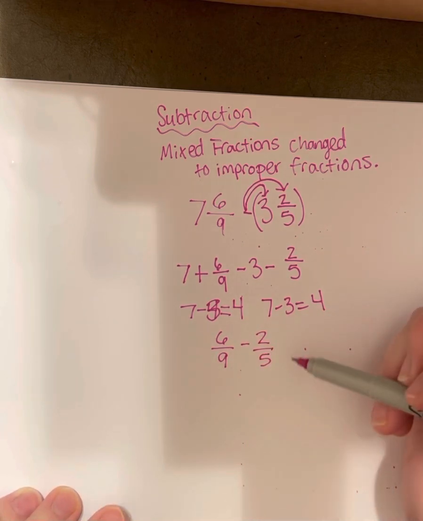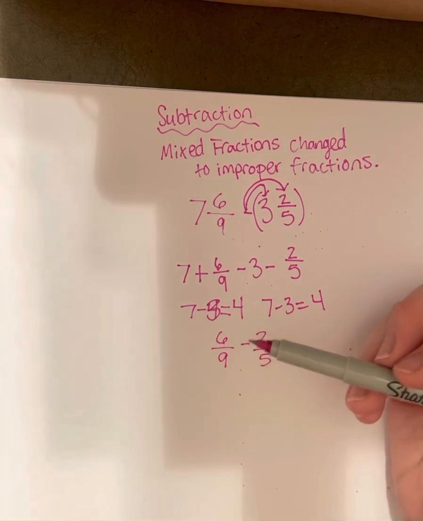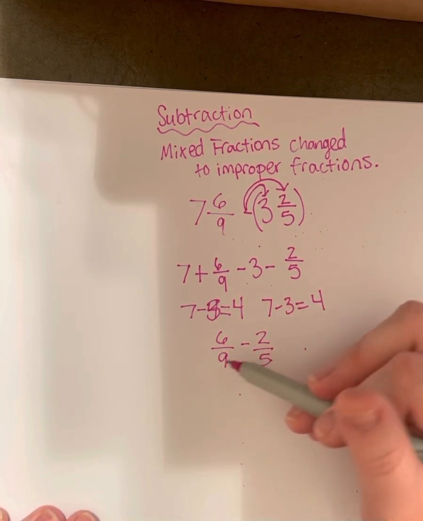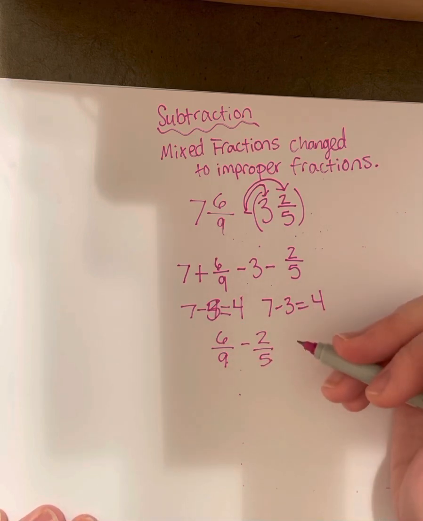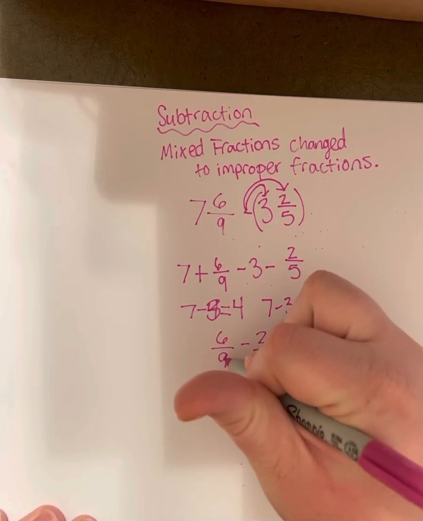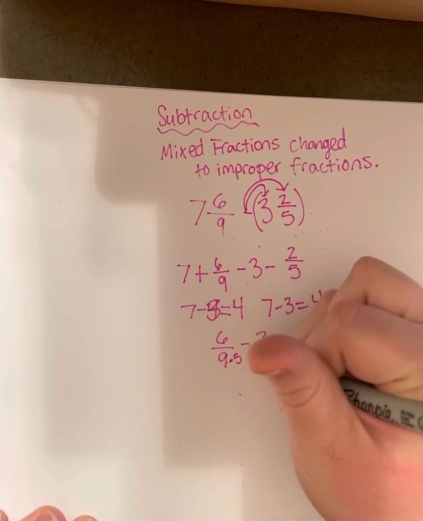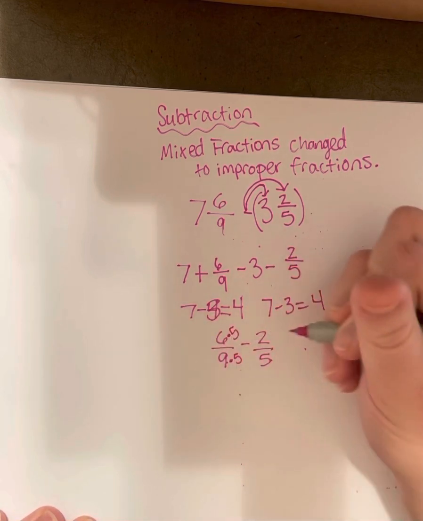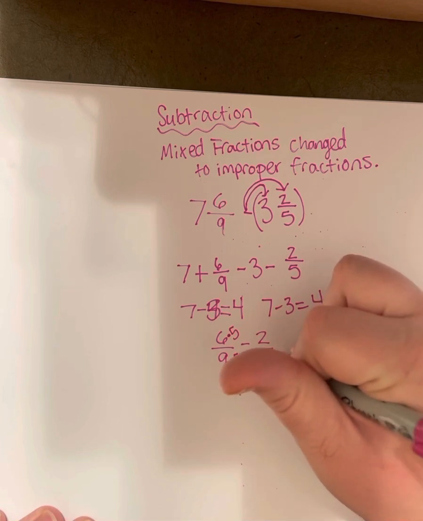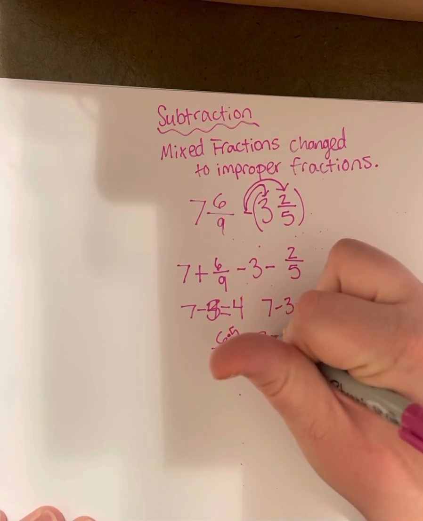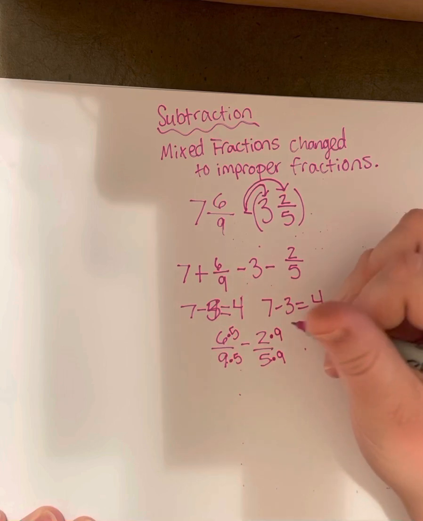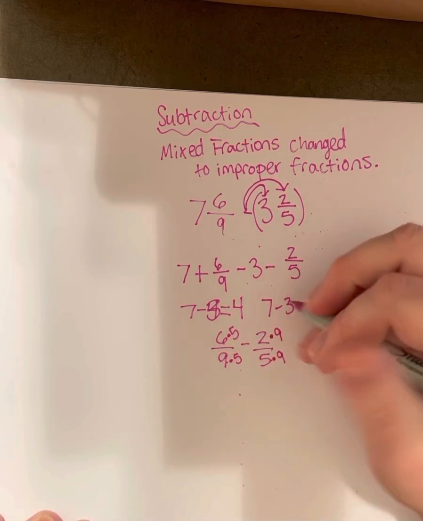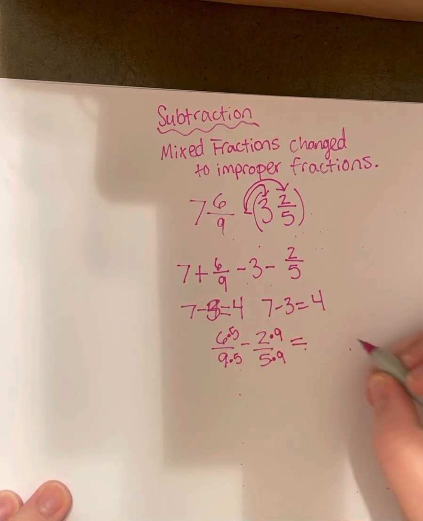Now, as we did in the previous problem, we have to change the bottom so that they have the same denominator. So we're going to do 9 times 5, and of course, we have to do 6 times 5. And we're going to do 5 times 9 and 2 times 9, because by doing 9 times 5 and 5 times 9, we get the same denominator.